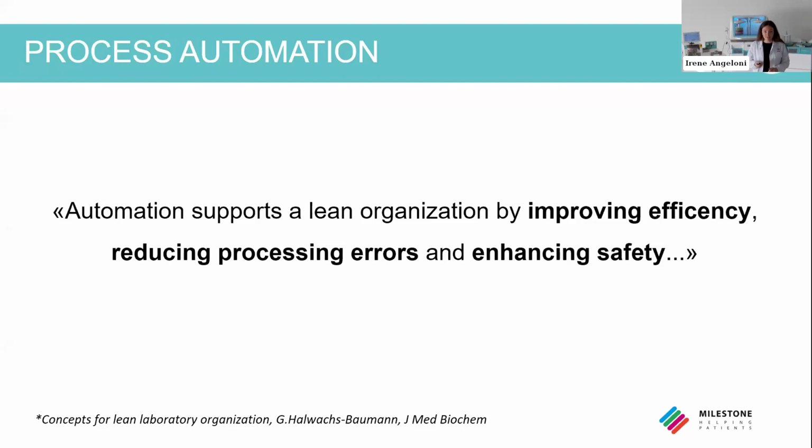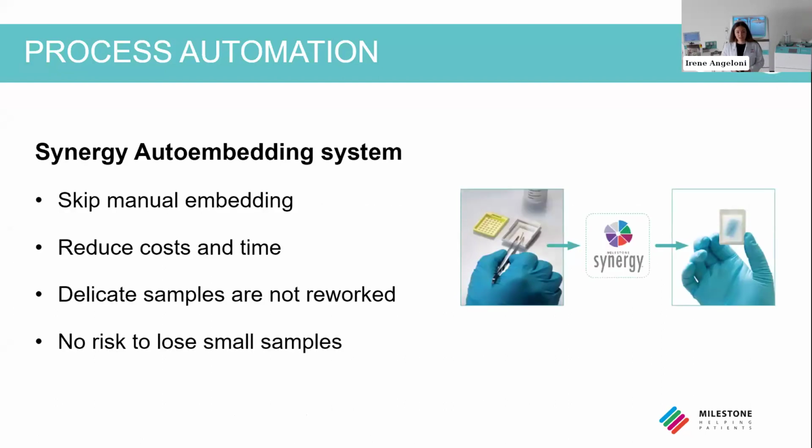In fact, I'll read this. Automation supports a lean organization by improving efficiency, reducing processing errors, and enhancing safety. Also, automating a process allows us to have time to invest in other important tasks.